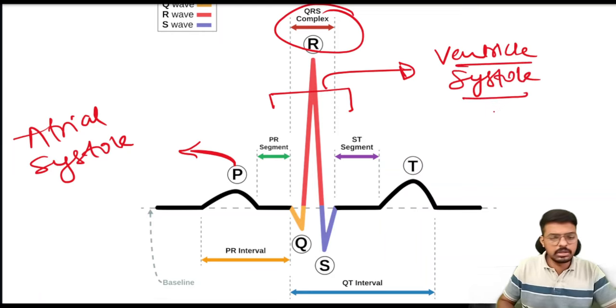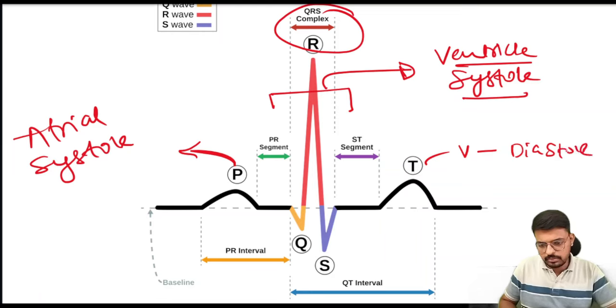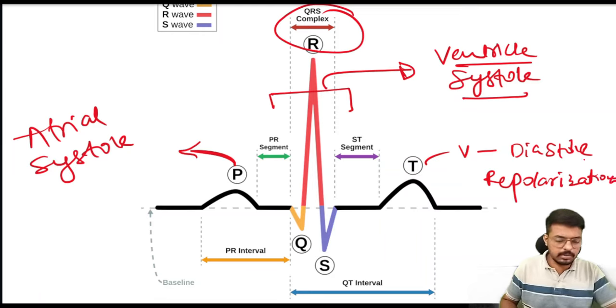Important. Then the T wave here is formed due to ventricular diastole, or we can say repolarization. Very, very important question.